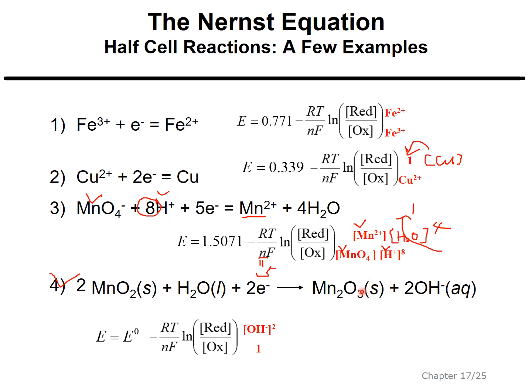However, this is solid, so the activity of the solid material is considered as just 1. The other thing is MnO2, but this is solid, so just 1. And H2O, the solvent, a liquid, is also 1. So the final Nernst equation is like that, ln of OH minus squared, with the 2 here.